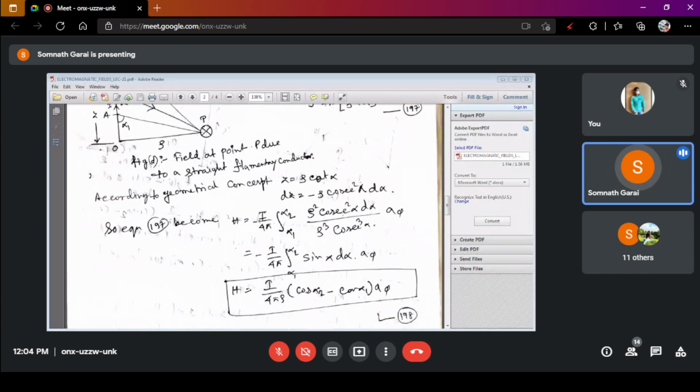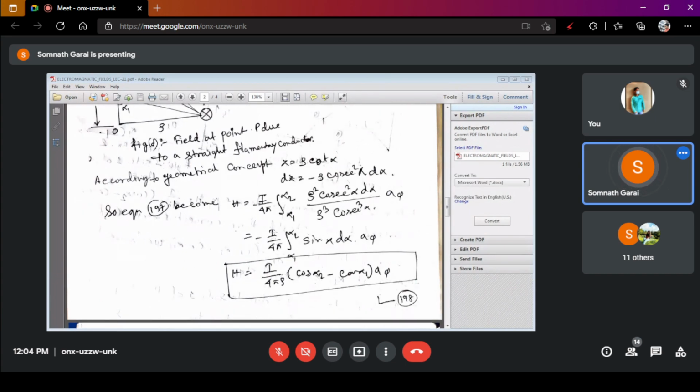So 1 by cosec square alpha d alpha, that is equal to integration over alpha 1 to alpha 2 of sine alpha d alpha. 1 by cosec alpha is equal to sine alpha. So this equation becomes minus I by 4 pi rho, integral from alpha 1 to alpha 2 of sine alpha d alpha.